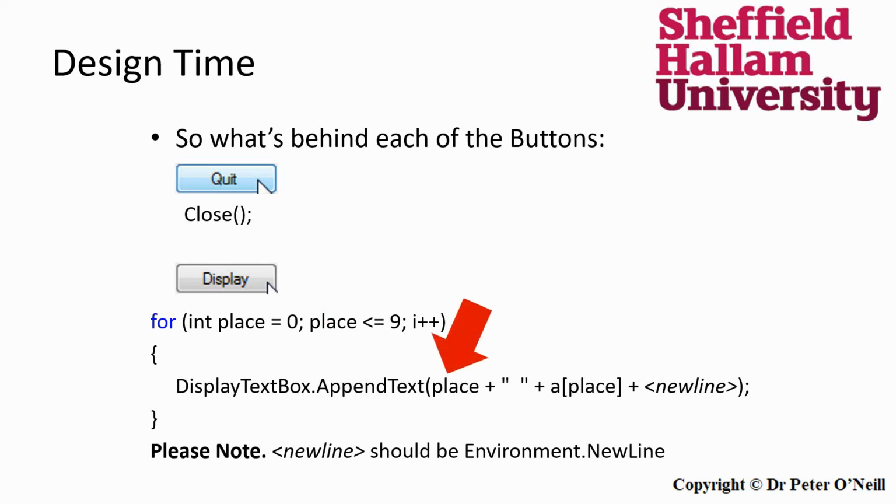So it puts text in, then a space, then another add, and then a place. Note a is our array, place is our offset. So in this case at first it's place at offset of 0, and then it adds a new line as well. And then it goes back and does it all over again.